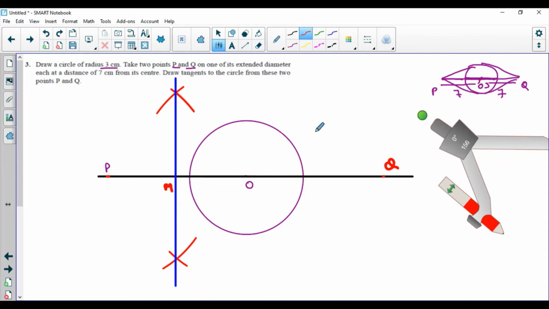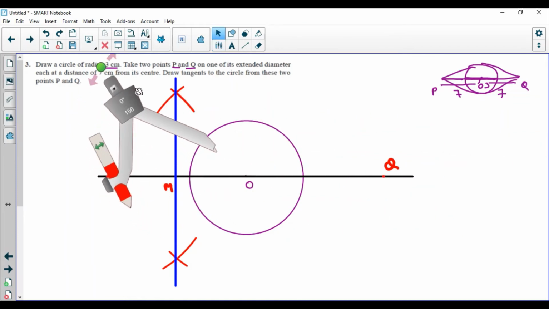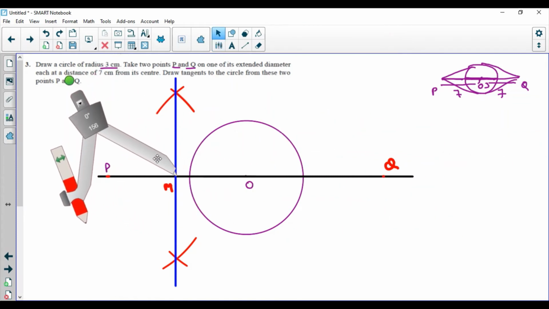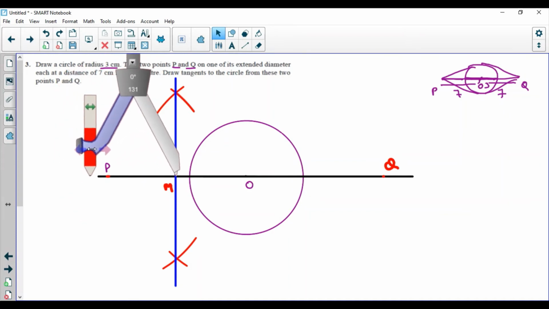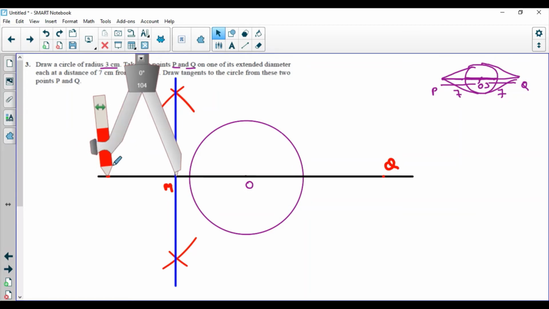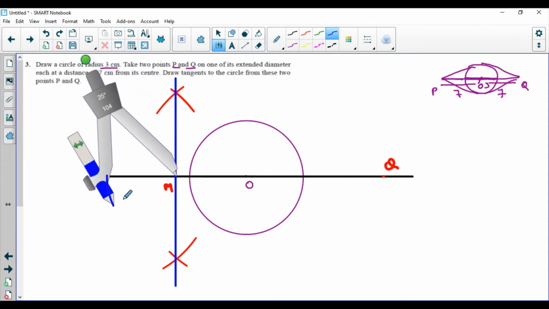Same steps I am doing. Now taking M as center and MP as radius, we should draw one circle.